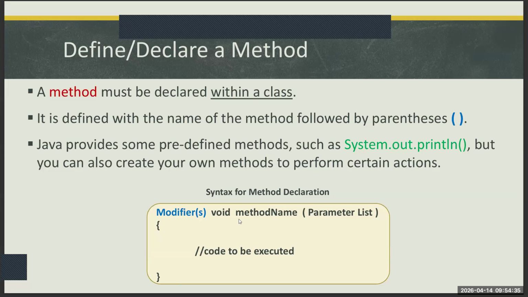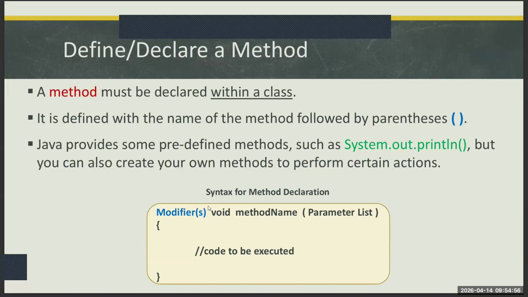And we also have the return type. Void here is not going to return any value. So this is telling us if our method will be returning a value or not.